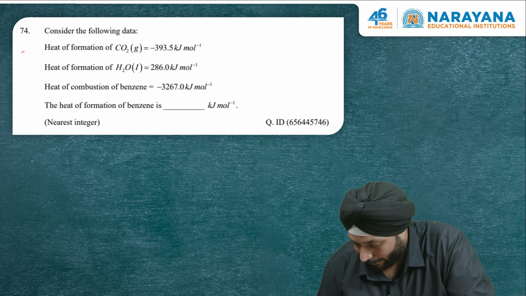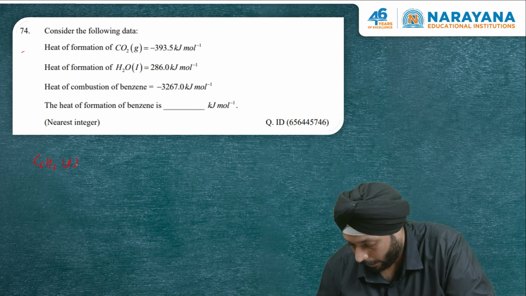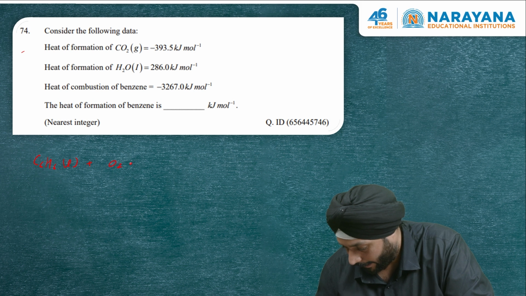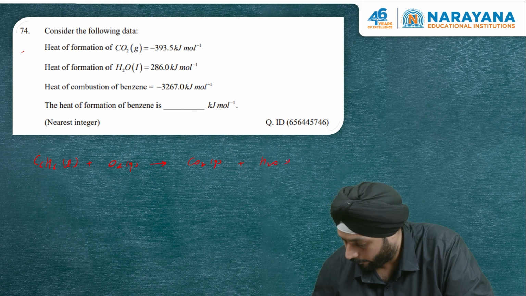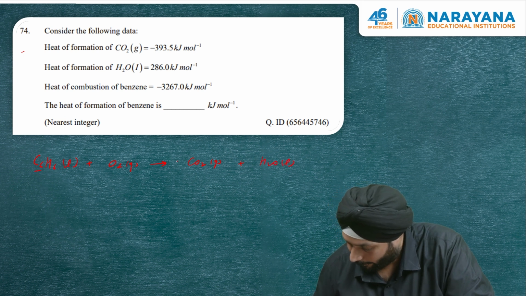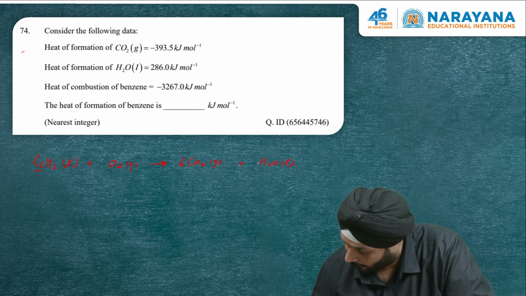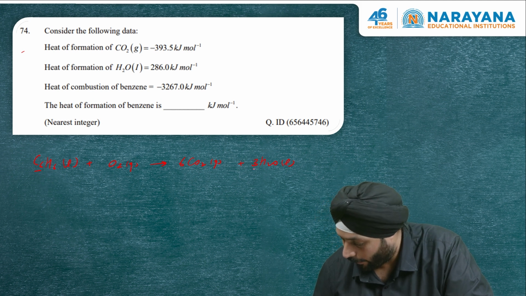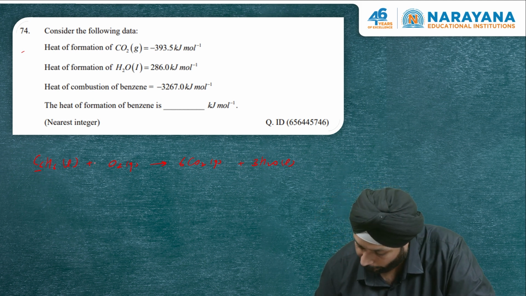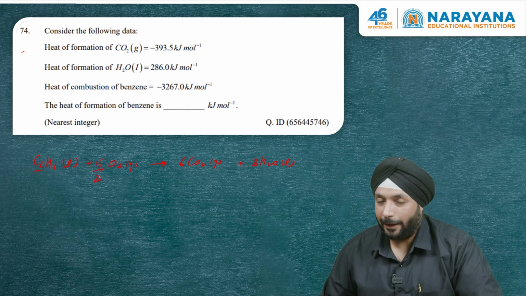So the combustion reaction of benzene is C6H6 liquid plus oxygen gas gives me carbon dioxide gas plus H2O liquid. 6 carbon, 6 CO2, 3 H2O, balance oxygen: 12 plus 3, 15, so 15 by 2. Right.